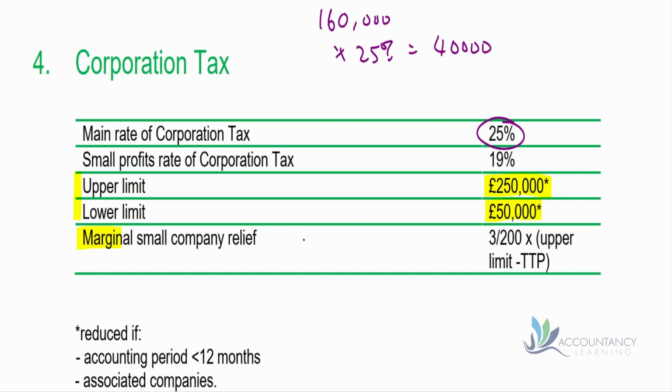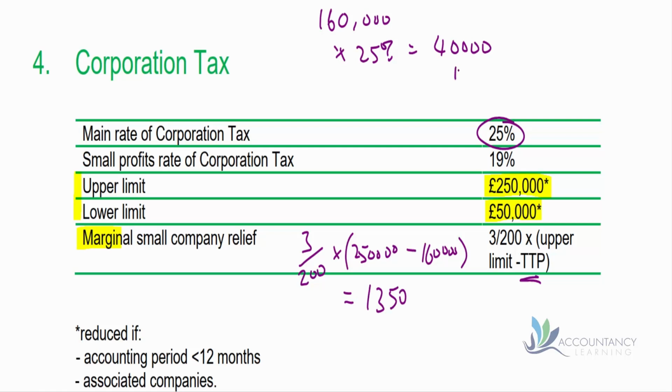That's going to be 3 divided by 200 multiplied by the upper limit, which is the 250,000, minus the taxable profit of 160,000. So 250,000 minus 160,000 is 90,000. We multiply by 3, divide by 200, and that gives us a relief of 1,350.